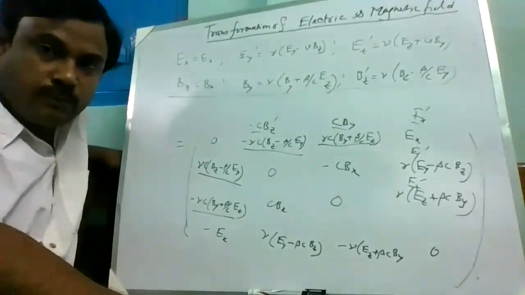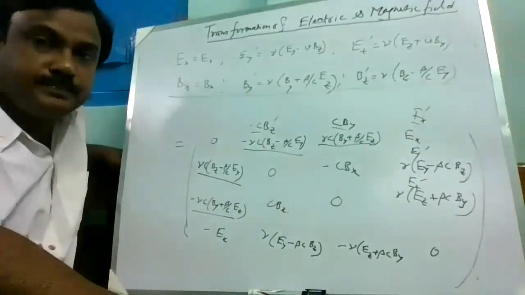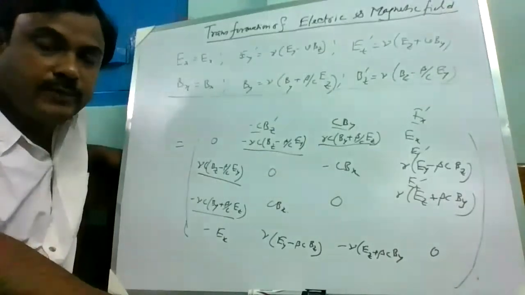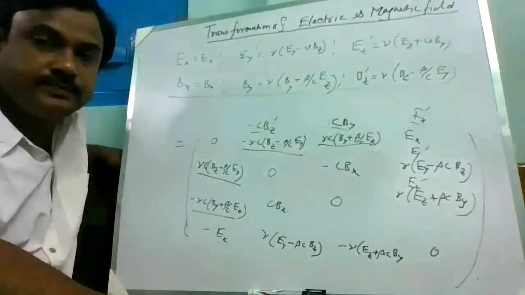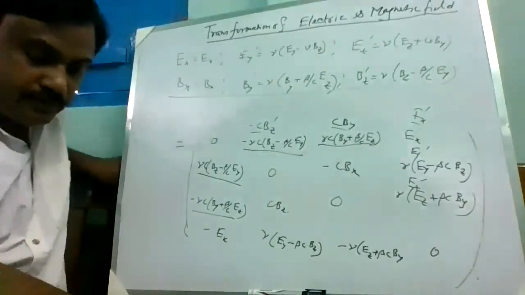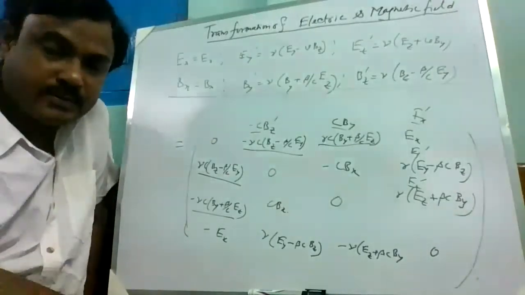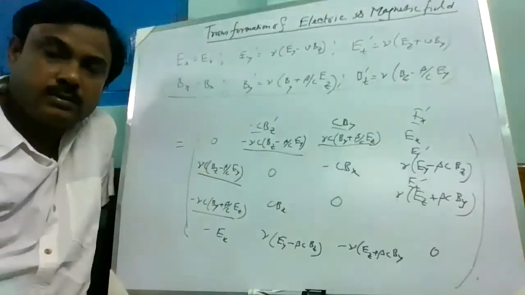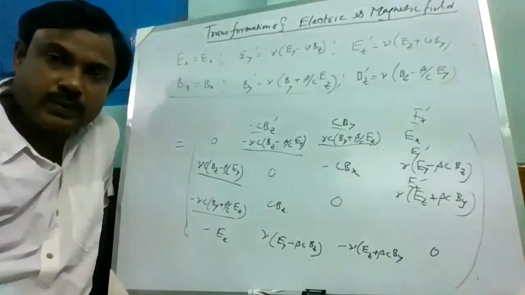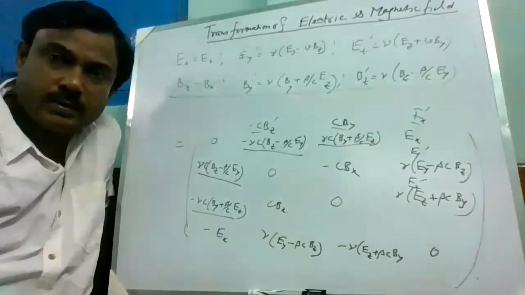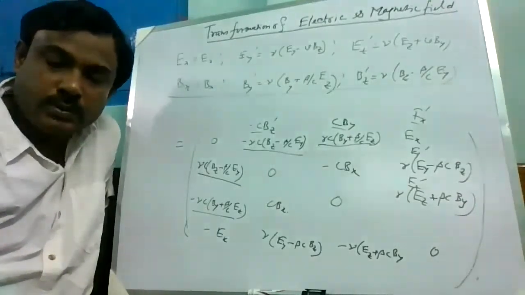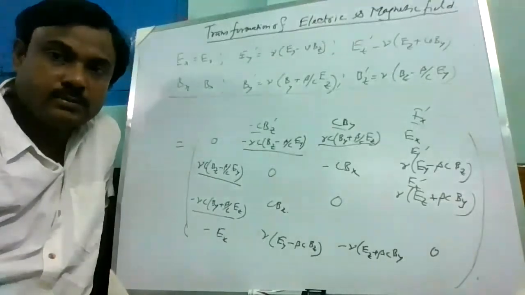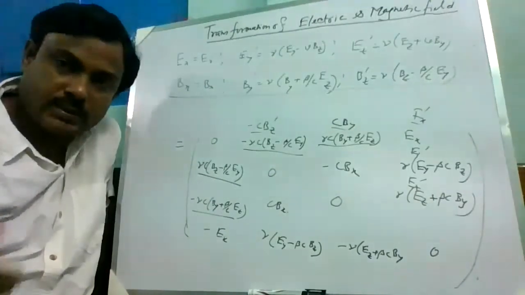So using four vector formulation, once we have realized that electric field and magnetic field are basically components of a field tensor of rank 2, either covariant or contravariant, now we know the rule of transformation of the tensor of rank 2, and we use that rule to find the field tensor in the transformed coordinates.